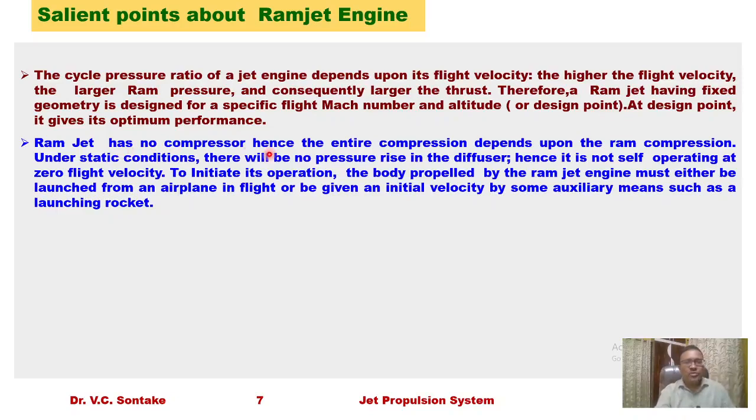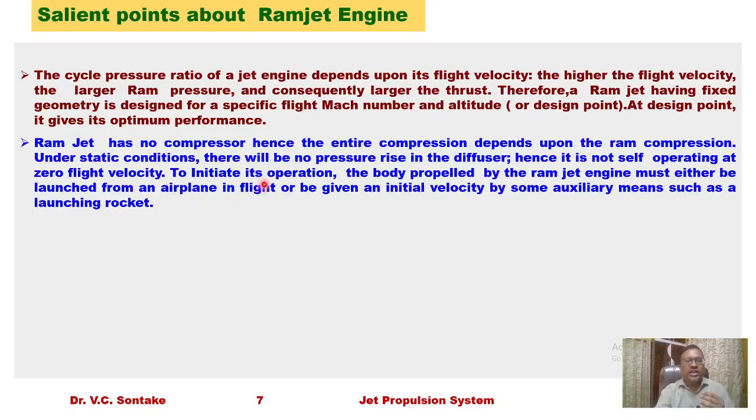Ramjet has no compressor, hence the entire compression depends upon the ram compression taking place in the diffuser. Under static conditions, there will be no pressure rise in the diffuser as no air is entering into the diffuser. Hence, it is not self-operating at zero flight velocity. So, ramjet is not a self-propelling unit.